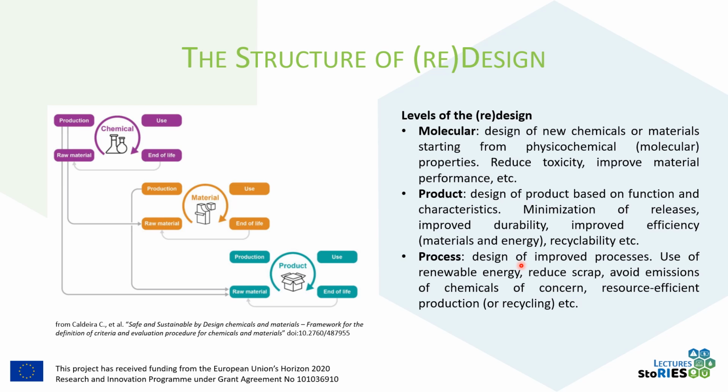And some examples in this case are the use of renewable energy in the manufacturing stage, or the minimization of the scrap, or also the possibility to avoid emission of chemicals of concern along all the stages of the product, and so on.